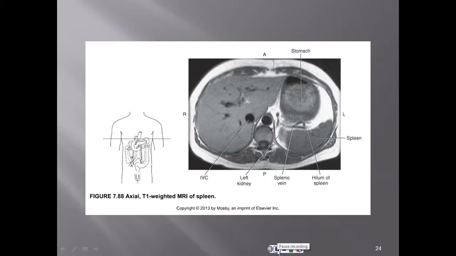And remember that the celiac trunk is the first branch off the aorta as it passes through the aortic hiatus of the diaphragm. The celiac trunk gives rise to the left gastric artery, the common hepatic artery, as well as the splenic artery.